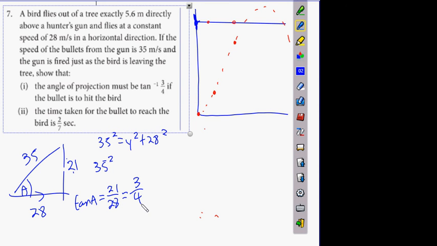So this angle basically mimics a 3-4-5 triangle. 3, 4, 5, and that there can be my angle A. From this, I can figure out what cos A and sin A are. Cos A is 3 over 5, and sin A is 4 over 5. Any questions thus far? That's all to do with the direction. No? Okay.